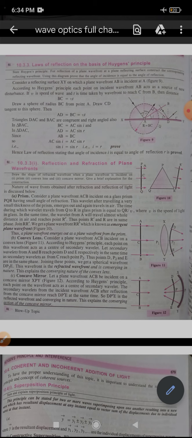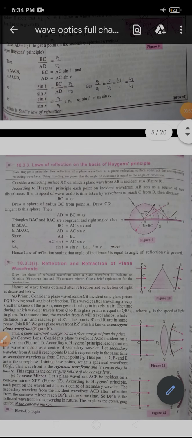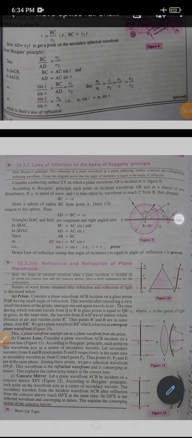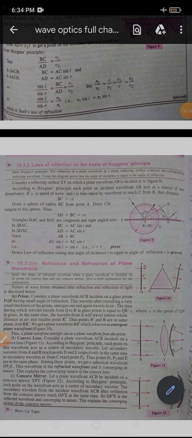wavefront to reach from C to B, then the distance BC is equal to v into t.